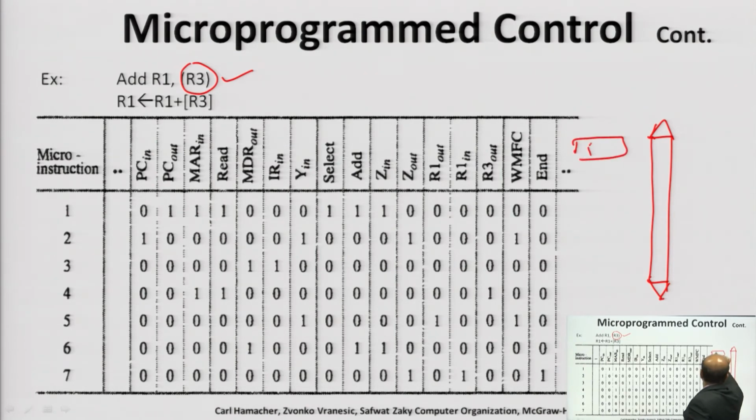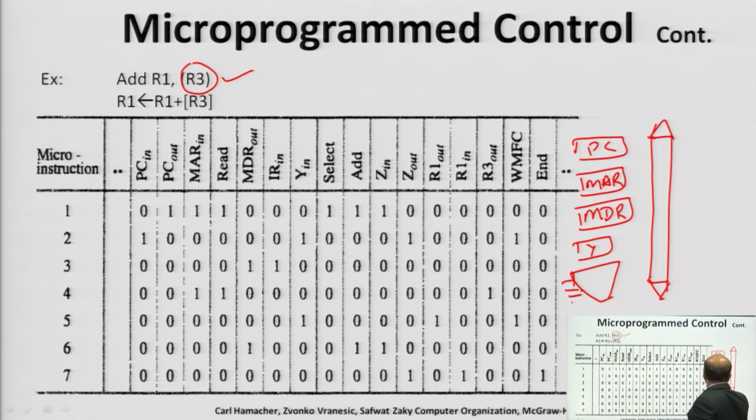Here the PC program counter was given, and 2 registers related to memory, MAR and MDR, were there, and there was the Y register, which is the ALU register, and there was an ALU, and a few controls of arithmetic operations are given as input.